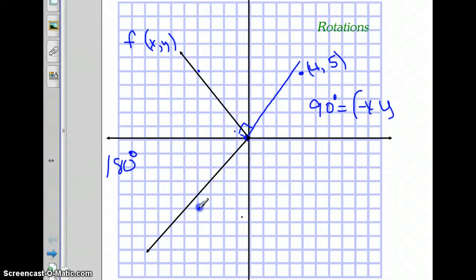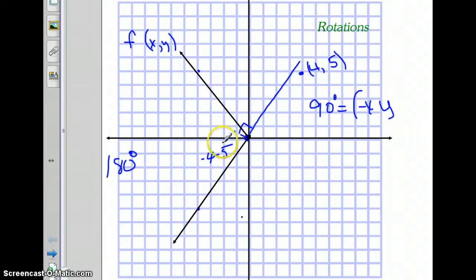I need to bring it down just a little bit more to make it exact. Let me delete that so we can make it exactly there. And we see the same numbers. We're still using 4 and 5, but this time it's negative 4, negative 5.